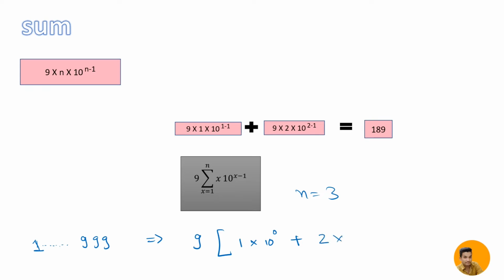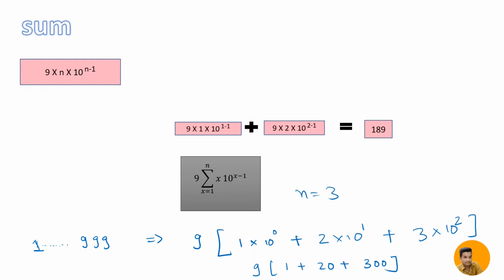2 into 10 to the power 1 plus x would this time be 3, and this would be 10 to the power 3 minus 1, this would be 2. So 10 to the power 0 is 1 only, 20, 300.